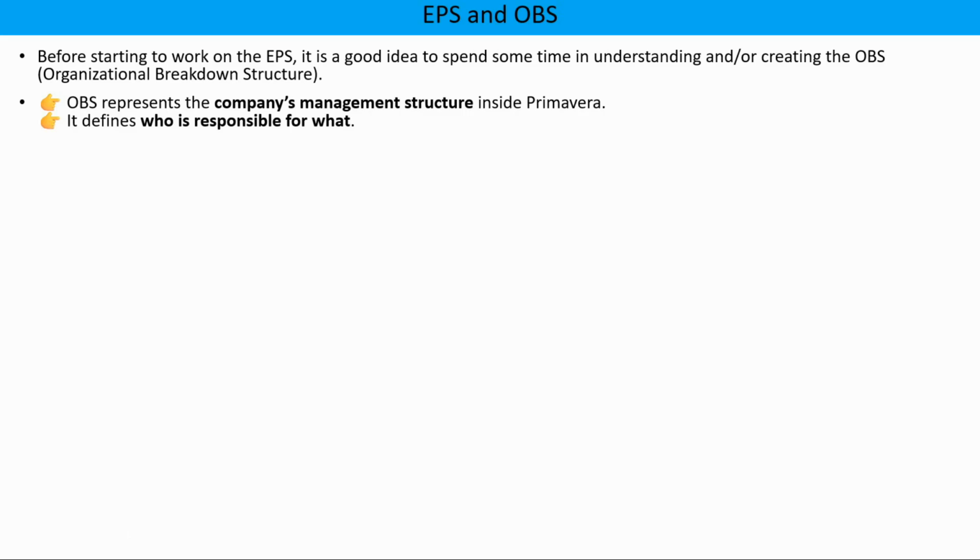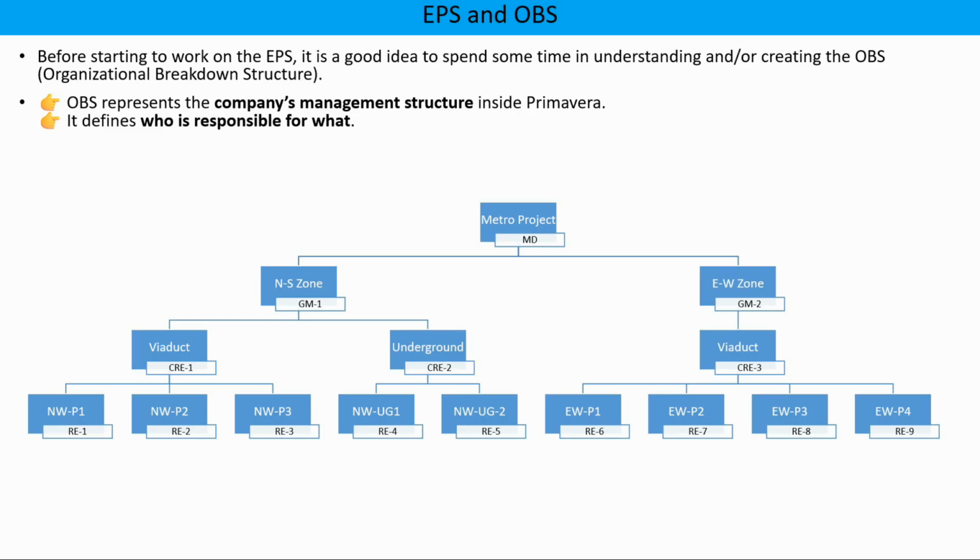It defines who is responsible for what. If you are going to create any OBS, for example, I am taking a corporation, or the employer part of the metro. So the governing part of that particular metro is the managing director. Then you have different working areas like North Zone and East and West Zone.